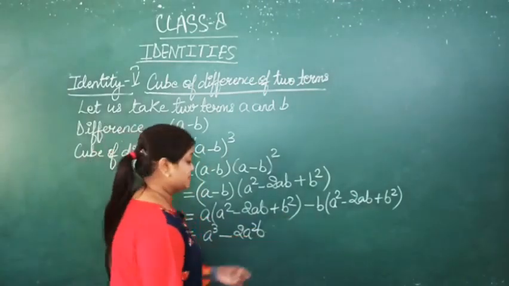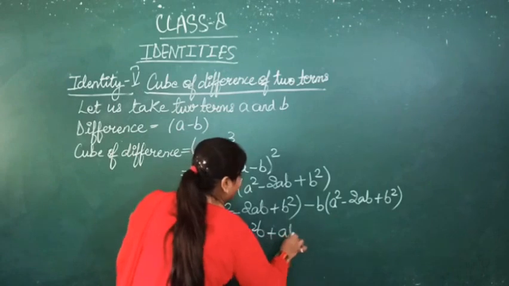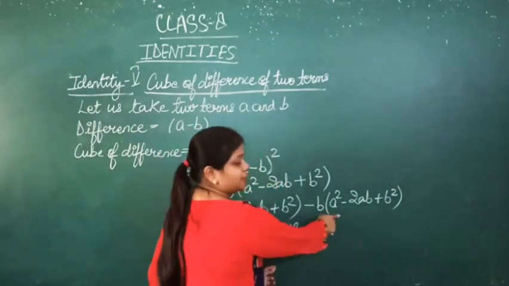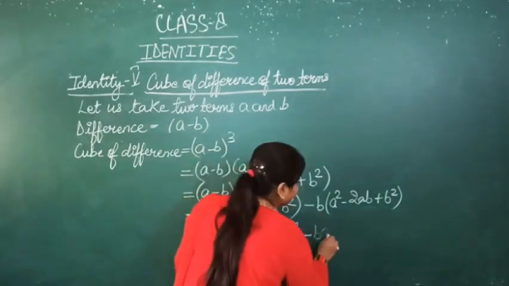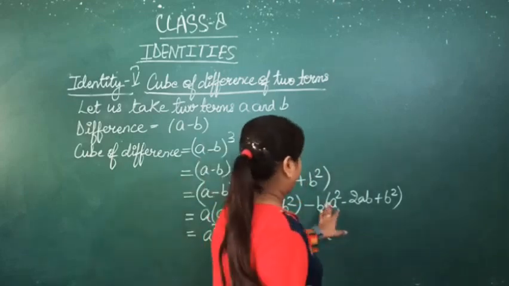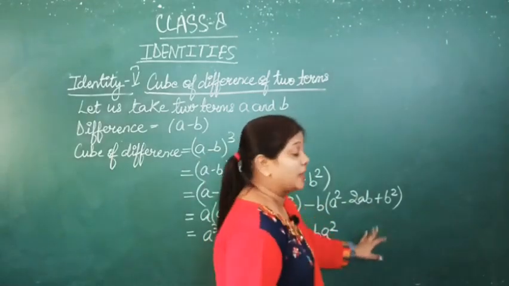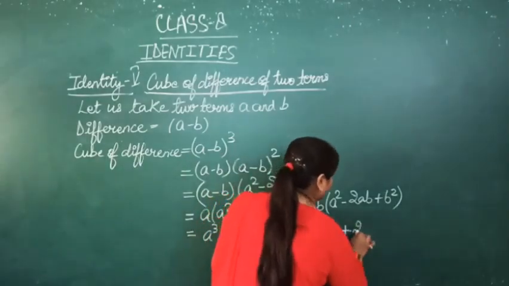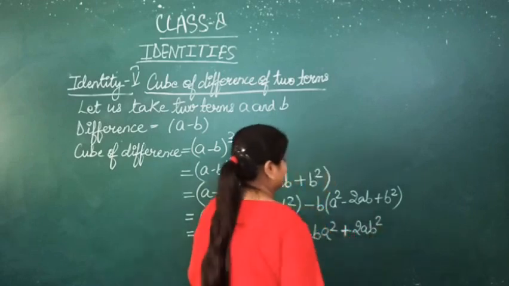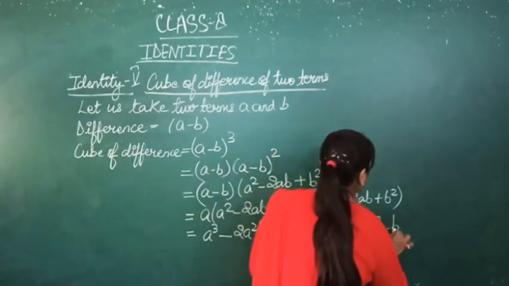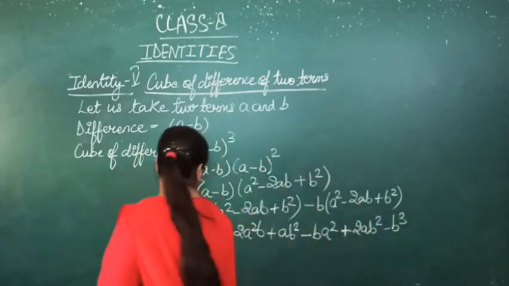A into b square will give plus ab square. Here minus b into a square will give minus b a square. Minus b and minus 2ab will give plus 2a b square and minus b and plus b square will give minus b cube.